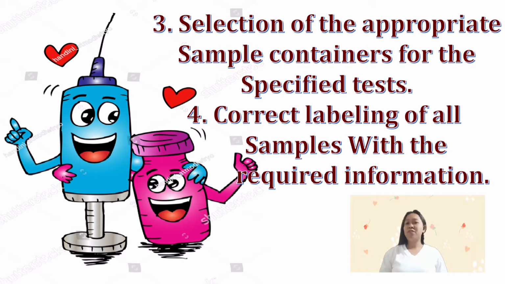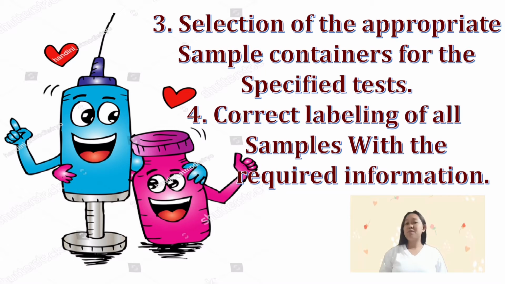So, kapag yung information ni patient A na label ngayon kay patient B or yung information ni patient C ni-label ngayon kay patient D, so doon na magkakaroon ng errors maaaring doon sa results nung na-collect na samples.